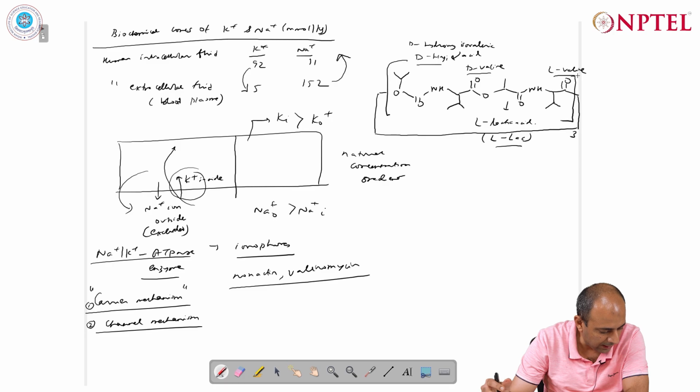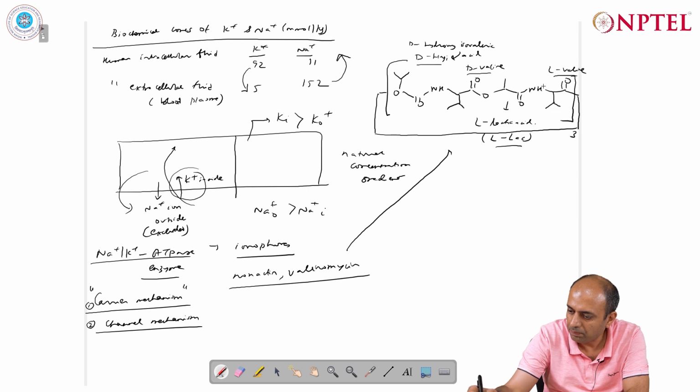Now these essentially make up the valinomycin structure, and here you can see that you have got the polar parts and you also have got the non-polar parts.